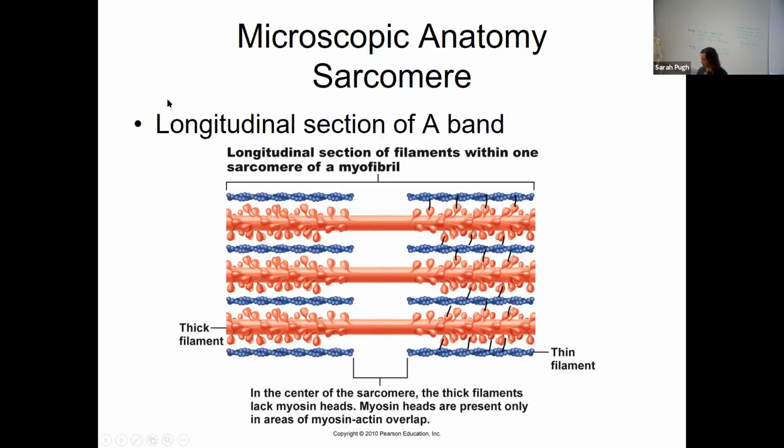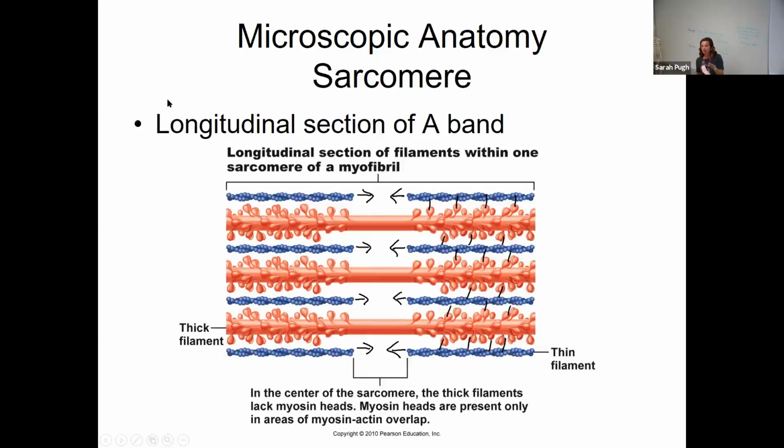I'm just going to do that one side right there. Once they've grabbed on, they're going to push that actin forward, right? So they're going to push actin in this direction. And that sarcomere is going to get shorter. And that's going to give you a muscle contraction.